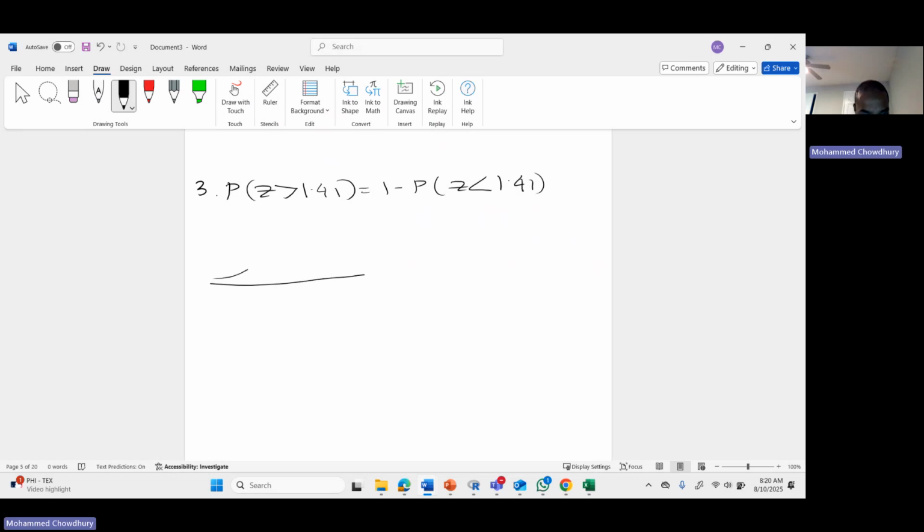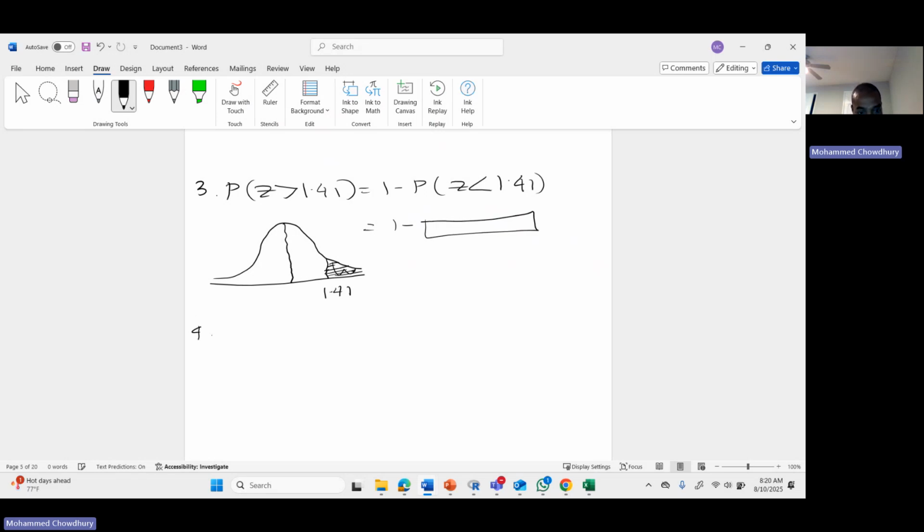That means you are asked to compute these things, which you can do. In Excel and R code, you just put here 1 minus, either the Excel code or the R code. So then you will get it.